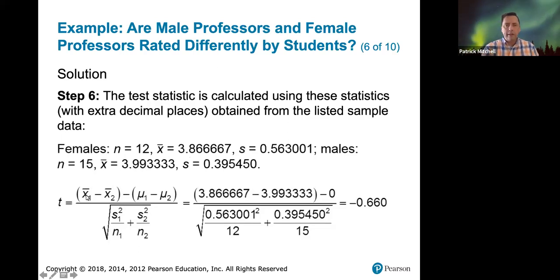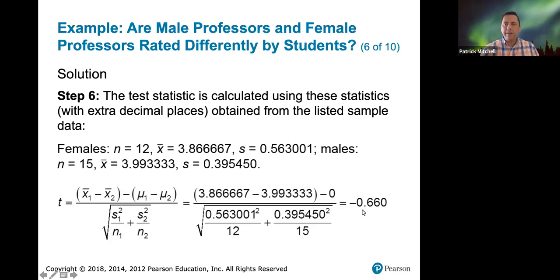And let's see, so x bar sub 1 minus x bar sub 2 looks like this. Remember, we're assuming that mu sub 1 equals mu sub 2. That means that the assumed difference in these population means is 0. And then you plug in s sub 1, n sub 1, s sub 2, n sub 2. You get this.